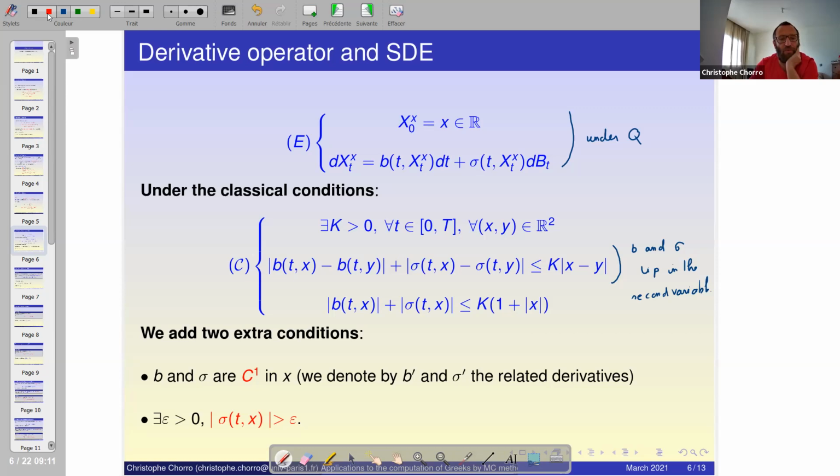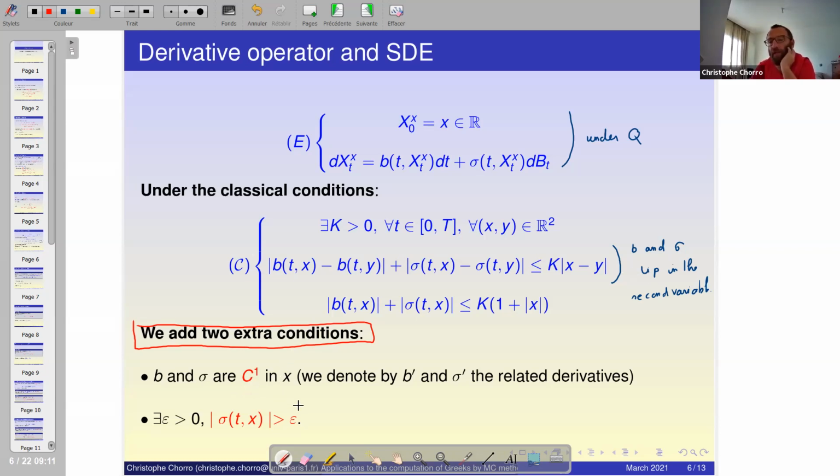We are going to add two extra conditions in order to be able to deal with what I have done previously in the course. We are going to suppose that b and sigma are in fact C1. A priori, in my classical condition, I have only the continuity of b and sigma in the second variable because they are Lipschitz. I impose them to be of class C1.